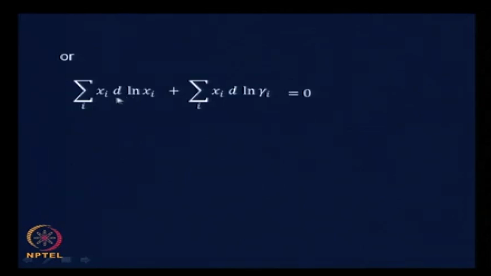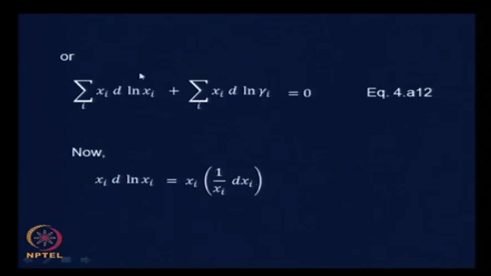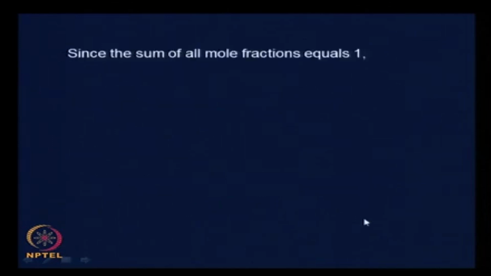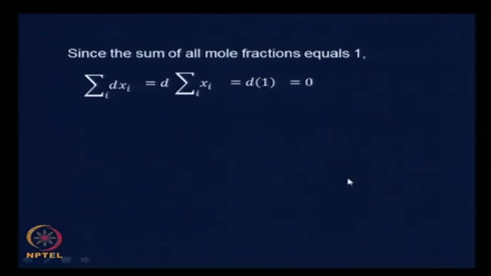and xi d ln xi, each one of these terms, is nothing but xi times 1 by xi dxi. Therefore we could cancel xi to get dxi, and then the sum over all dxi's would be d of the sum over all xi's, which would be d of a constant, which is nothing but 0.